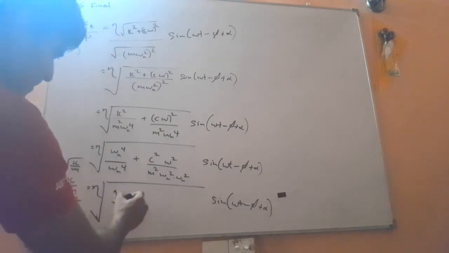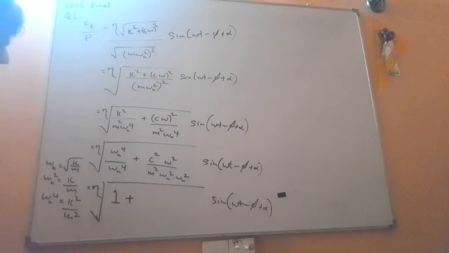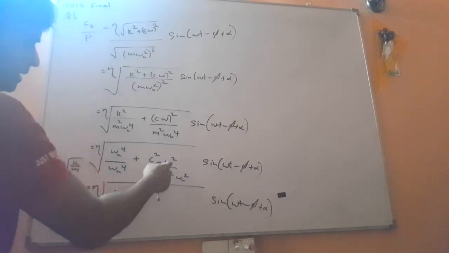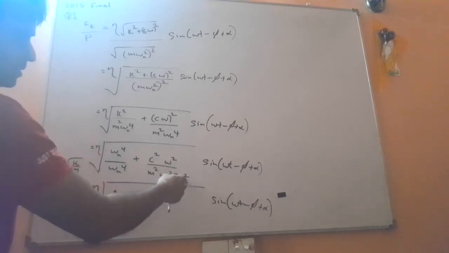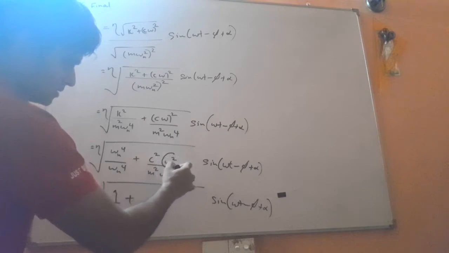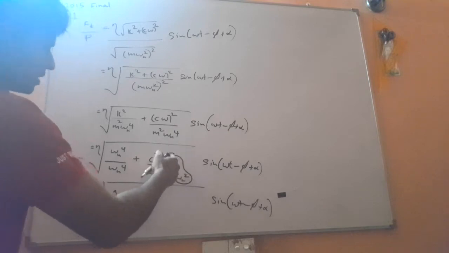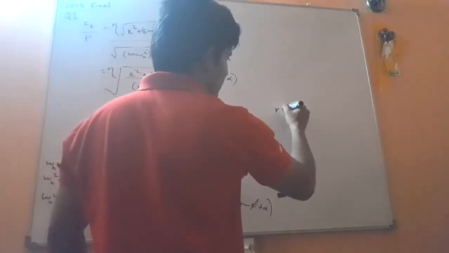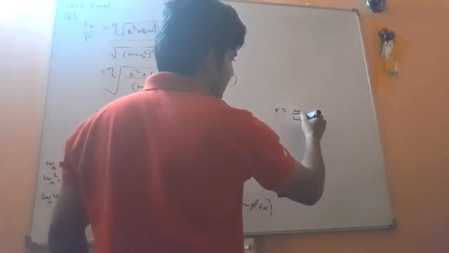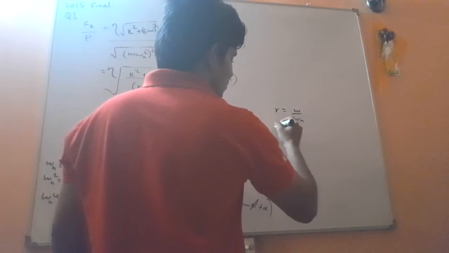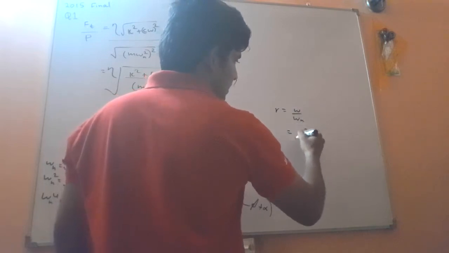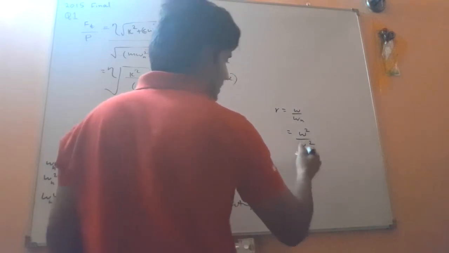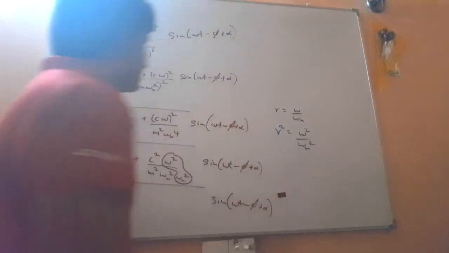Then plus, right? Now omega squared divided by omega n squared. Just focus this part. Omega squared divided by omega n squared. Because we know that frequency ratio R equals omega divided by omega n, right? So then omega squared divided by omega n squared, that means it is R squared.